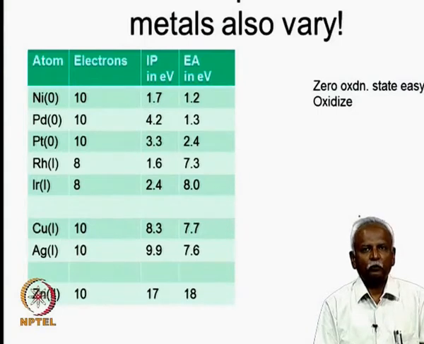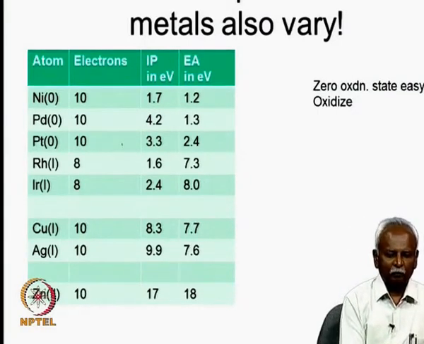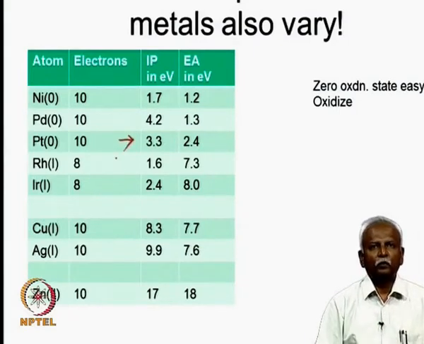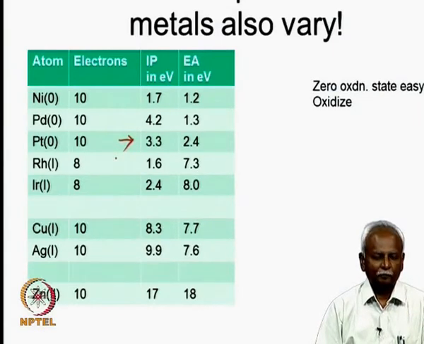Platinum 0 is also a d10 system, but it requires almost 2 times the amount of energy to remove the electron density from platinum. But the platinum complexes with olefins are extremely good purely because in spite of this higher energy required for ionization, it is possible to have good overlap between the platinum and the olefins.